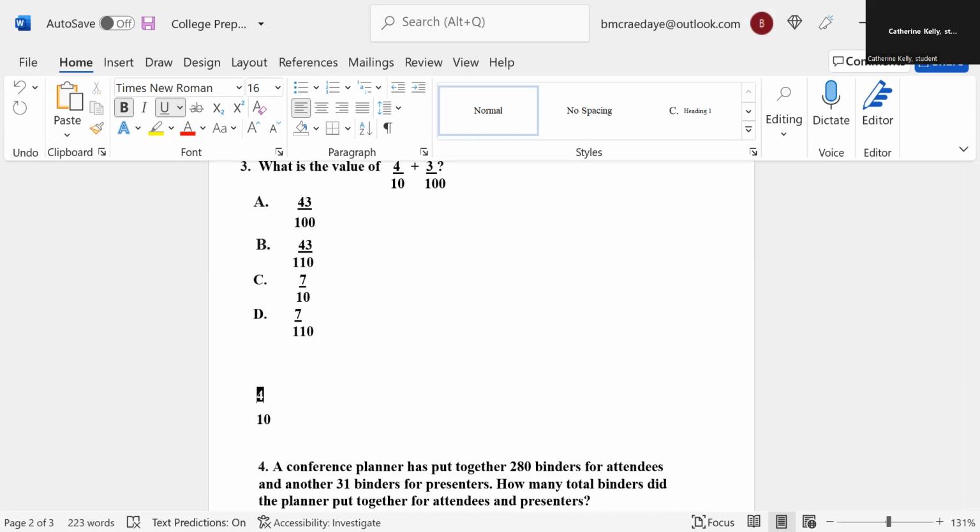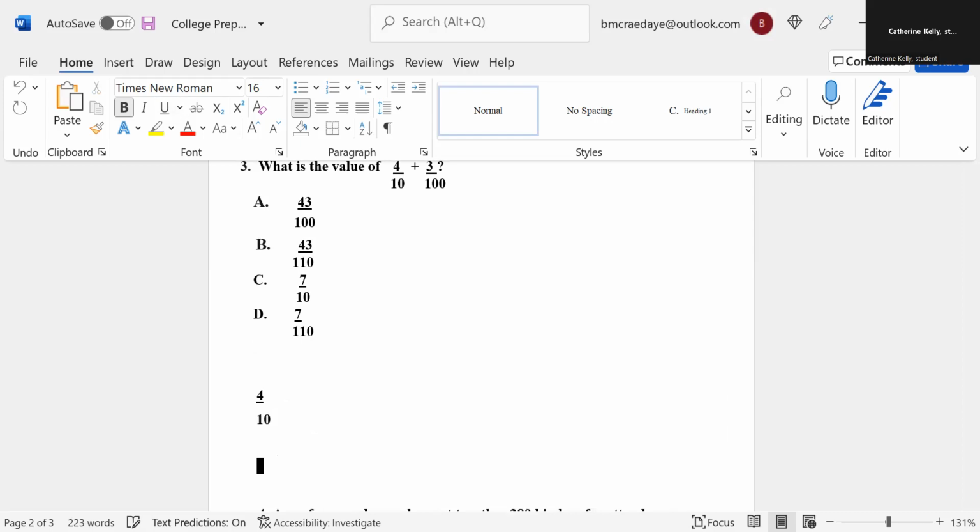Because when your denominators are the same, you can add the numerators. So you're adding fractions, but remember to add or subtract fractions, your denominators, that's your bottom number, have to be the same.